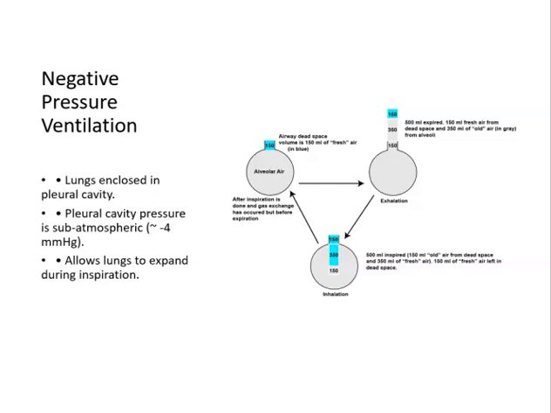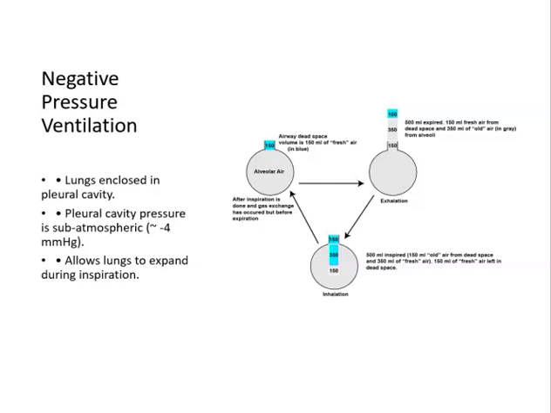So in the thoracic cavity, it is lined by the parietal pleura, and the lungs are covered by the visceral pleura. Between them, a very tiny space is the pleural space, which normally has a slightly negative pressure. And this negative intrapleural pressure keeps the lungs inflated.